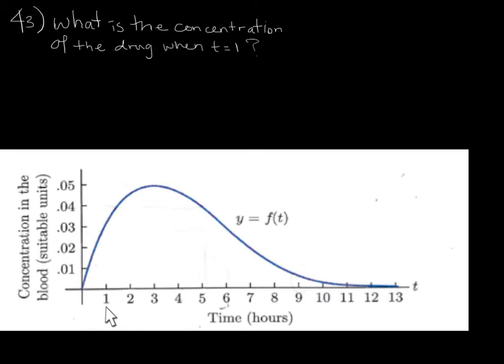So if we take t equals 1, moving up to where the function is, and to the left, we'll see that it corresponds to 0.03. Or another way, looking at the line coming up from 1, hitting the function and moving over, we see that 0.03 is the output, giving us an answer to 43 of 0.03.